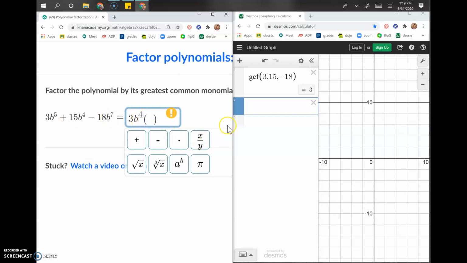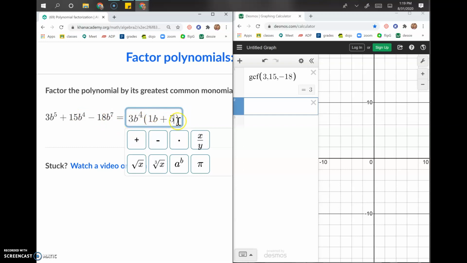And now I'm just like, what's left in the parentheses? It's like, okay, what number times 3 gives you all these terms left. It's just the leftovers, right? So 3 times 1 would give us 3, and then b to the 4th times b would give us b to the 5th. 3 times 5 would give us 15.